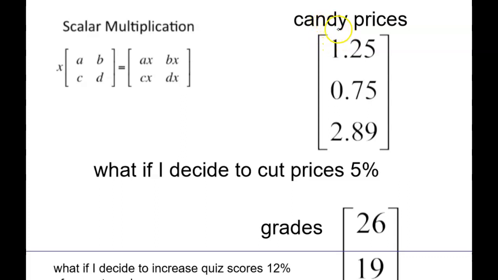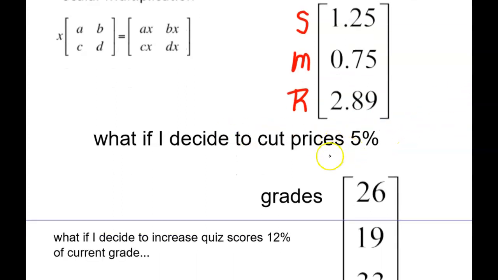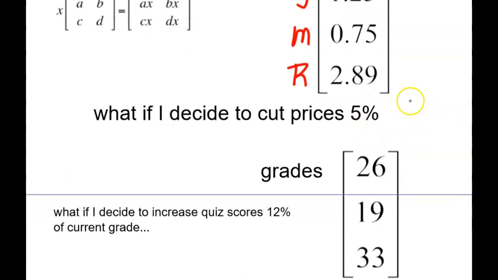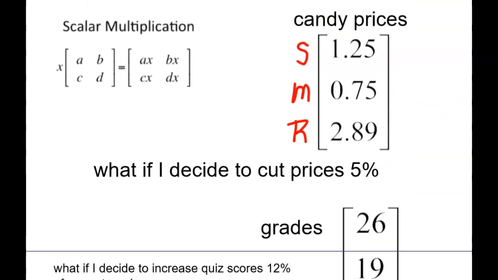I think I took it off because we're not going to have a lot of time on this week, but for example, I had these candy prices come in. These were Snickers, Milky Way, and Reese's, okay? They came into my store and I'm going to stock them. But I've decided to cut the price by 5%. What would I multiply by if I wanted that price to go down by 5%? Be careful.